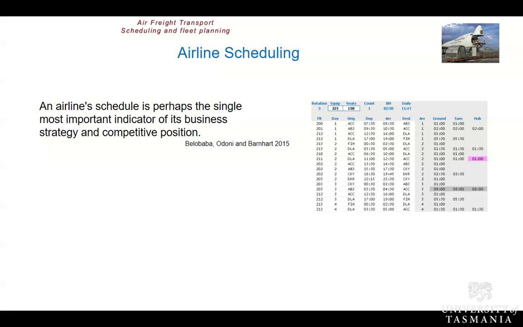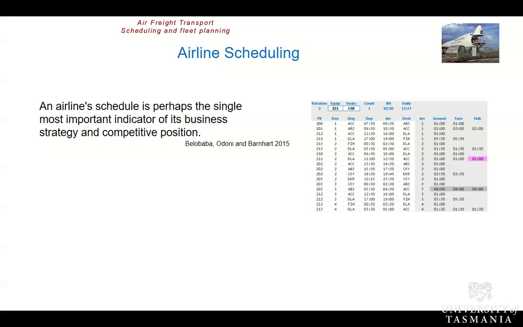So a statement like that really elevates air scheduling into a key area within the airline itself. So it's brought it up to a strategic level, and what that suggests is that the scheduling department needs to be closely related to all the other areas of management.